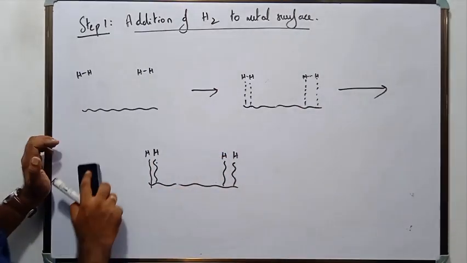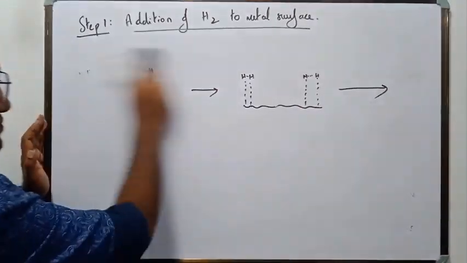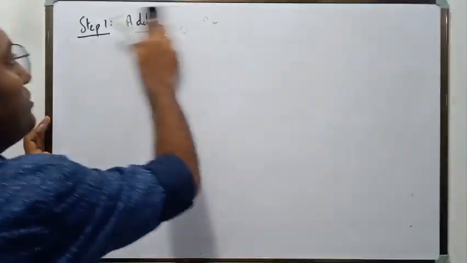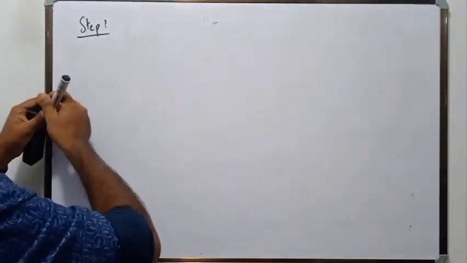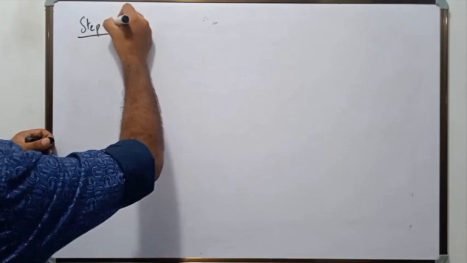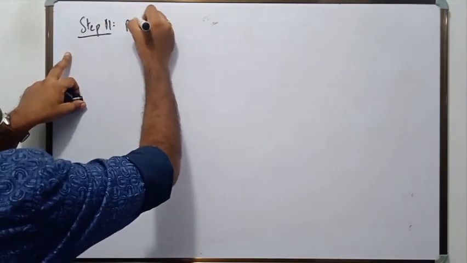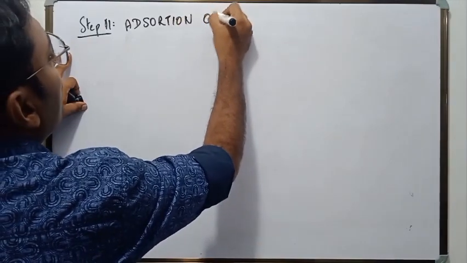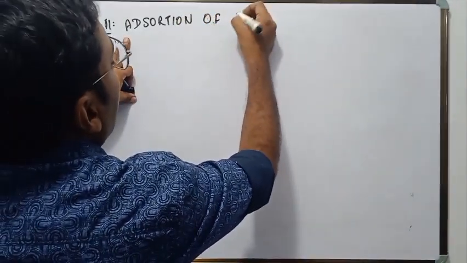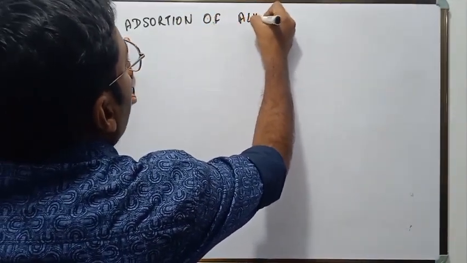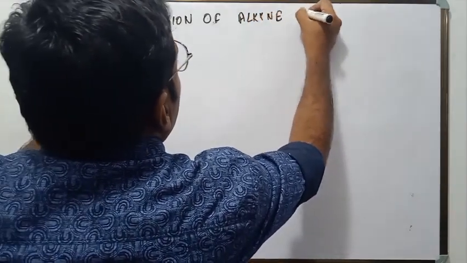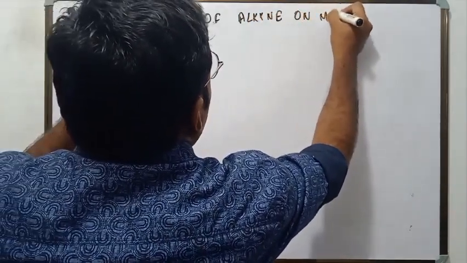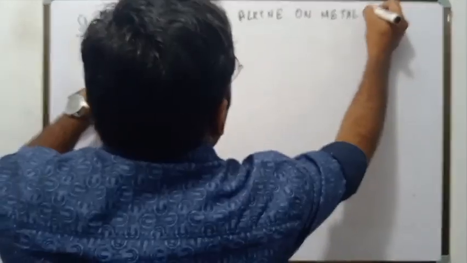Now let us go for step number 2. Step 2, adsorption of alkyne on metal surface. Let us see what happens here.